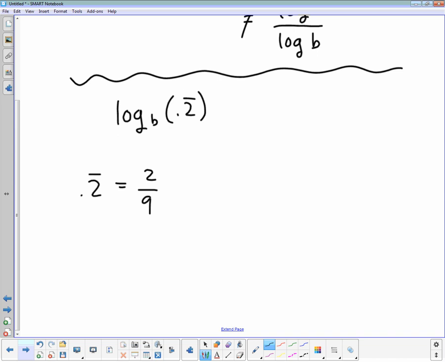That's the repeating decimal trick, right? It's like 0.235 repeating would be 235 over 999. The number of 9s is the length of the reptend, which is the number of digits that are repeated.